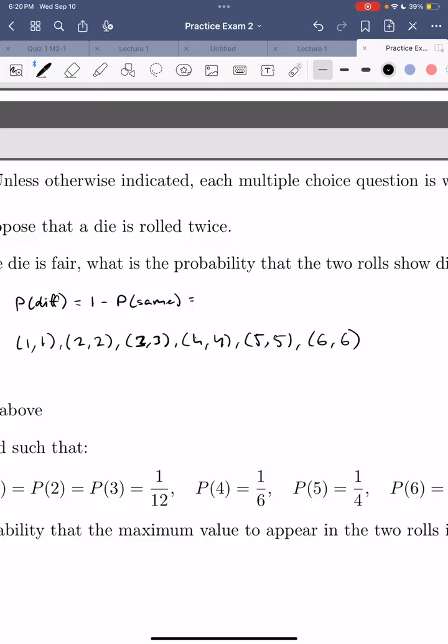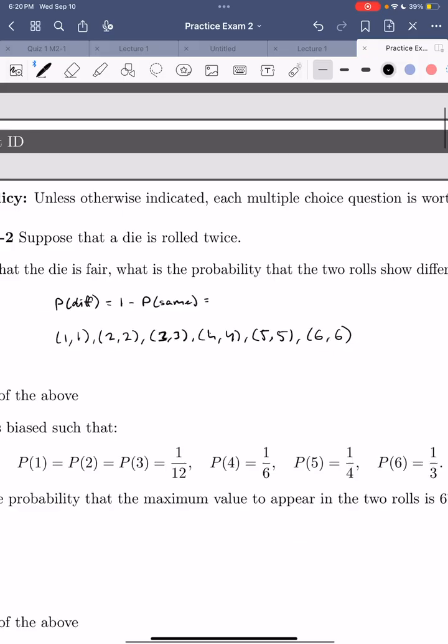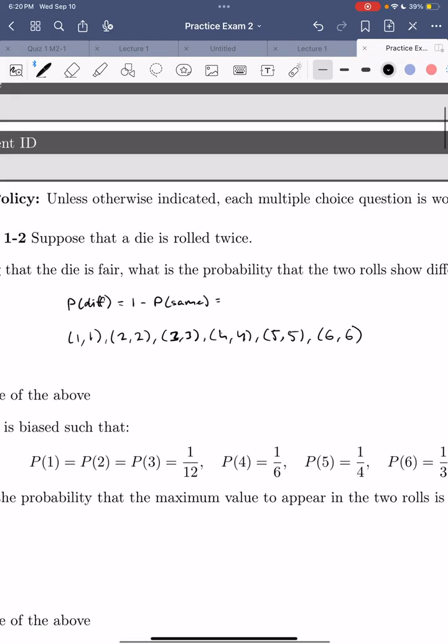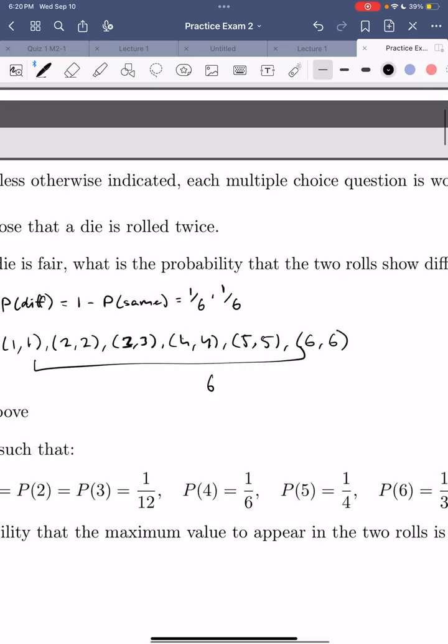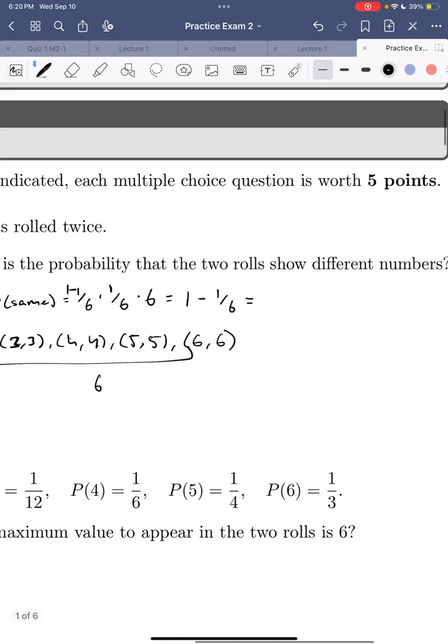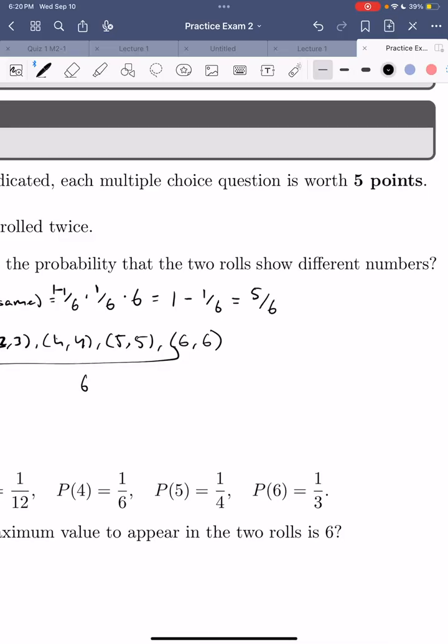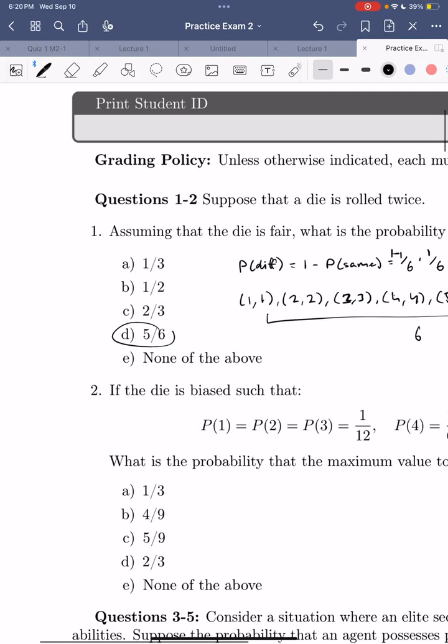For each die roll, it's a 1/6 probability for each number, and since we're rolling it twice, we multiply that by another 1/6, and since we have 6 different possibilities, we multiply it by 6, and this is 1 minus all of that. So that would be 1 minus 1/6, which is equal to 5/6. And that's our answer.